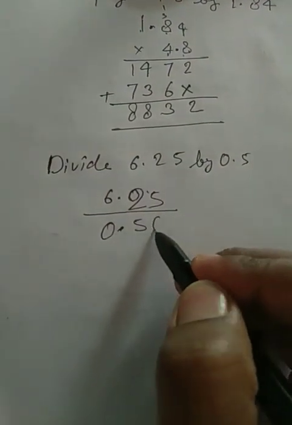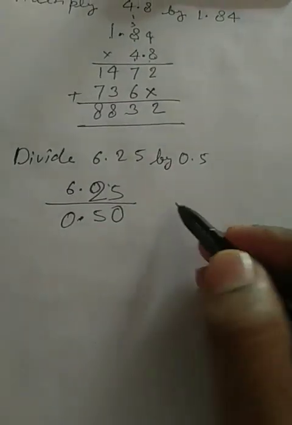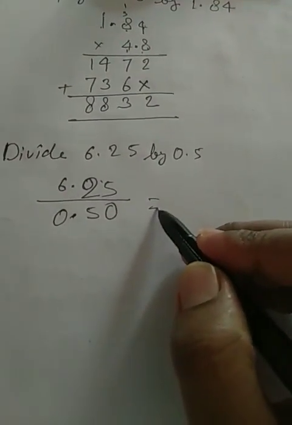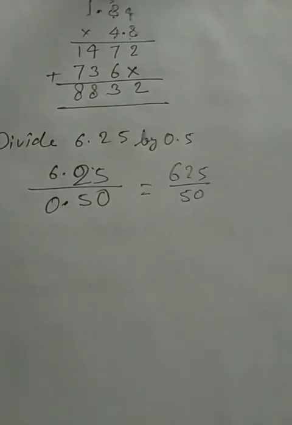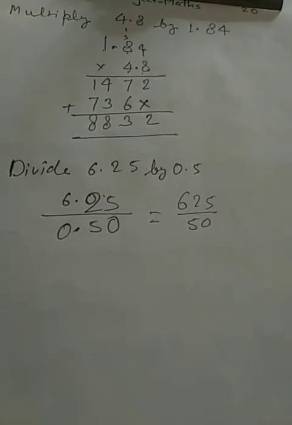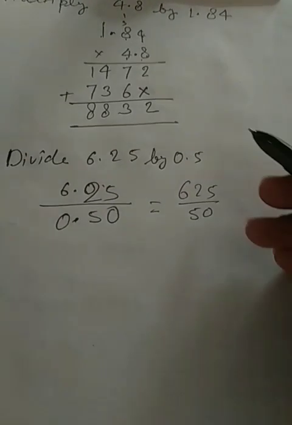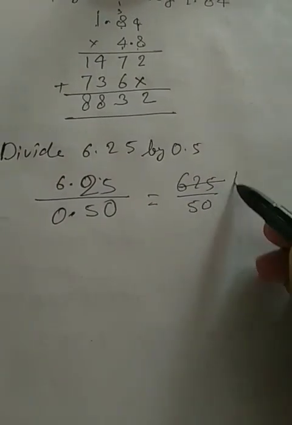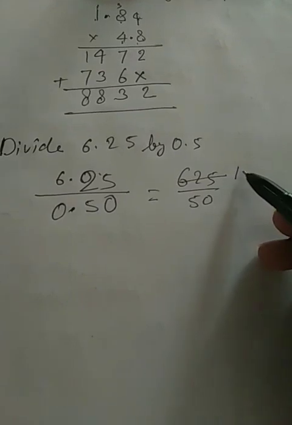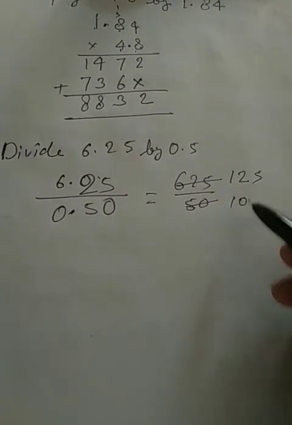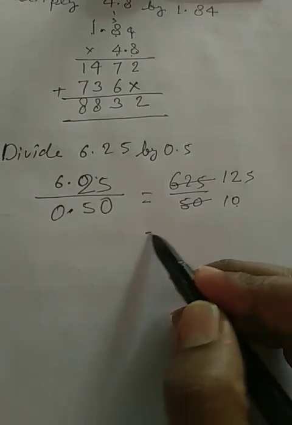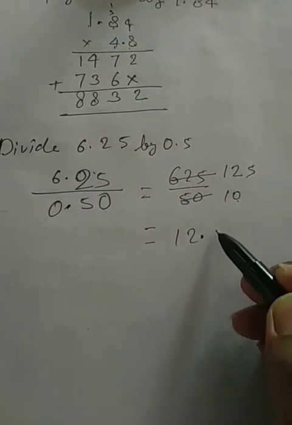We have to make them like decimals and then remove the decimal: 625 by 50. Okay, now we can divide it. 5 times 125 is 625, 5 times 10 is 50. So we can write it as 12.5.